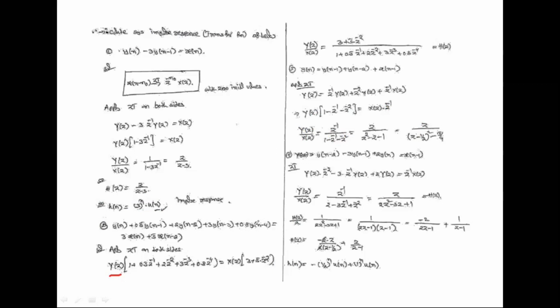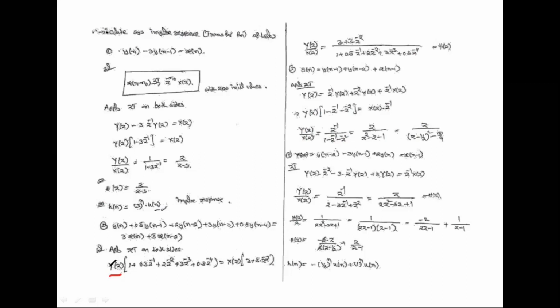And the last term here, the fifth term, y of n minus 4, the transformation is z power minus 4 y of z, is equal to two terms in the input function: x of n, the transformation is x of z, and x of n minus 2, the transformation is z power minus 2 x of z.